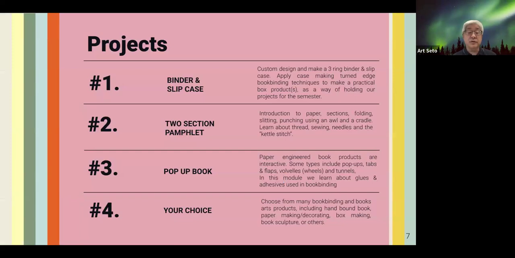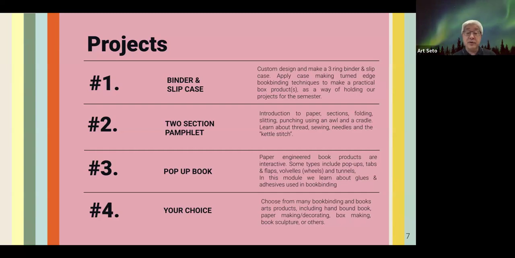Some of the projects you do in this course, we're going to start off by making a binder and a slipcase that we can hold a lot of our tools and materials in. We're going to do a two-section pamphlet. This is how we'll learn about paper and folding and slitting and punching and all of that kind of crazy stuff, including sewing and needles and something called the kettle stitch.